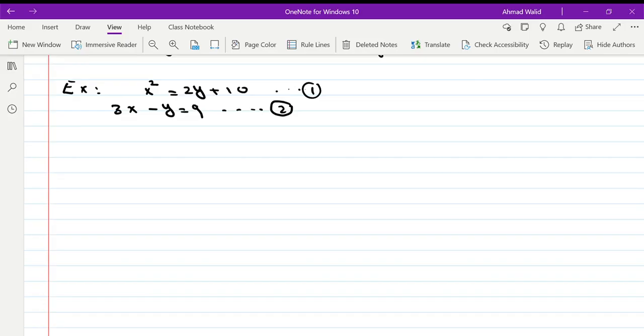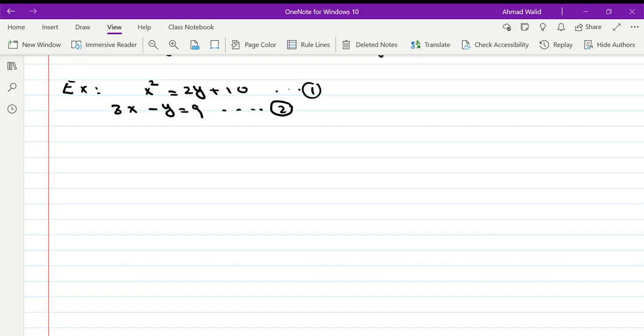You may ask me how I can do the substitution. In the substitution method, always choose the equation that is linear and solve it for one of the variables.